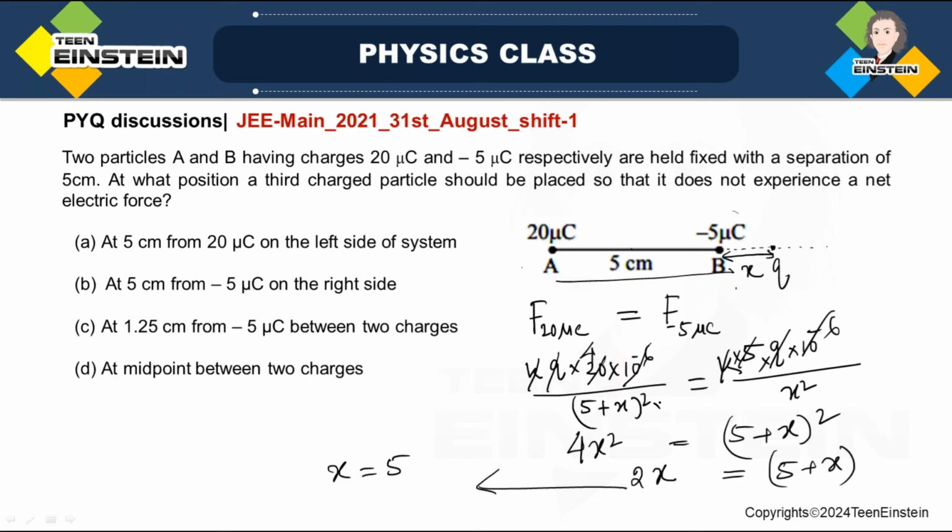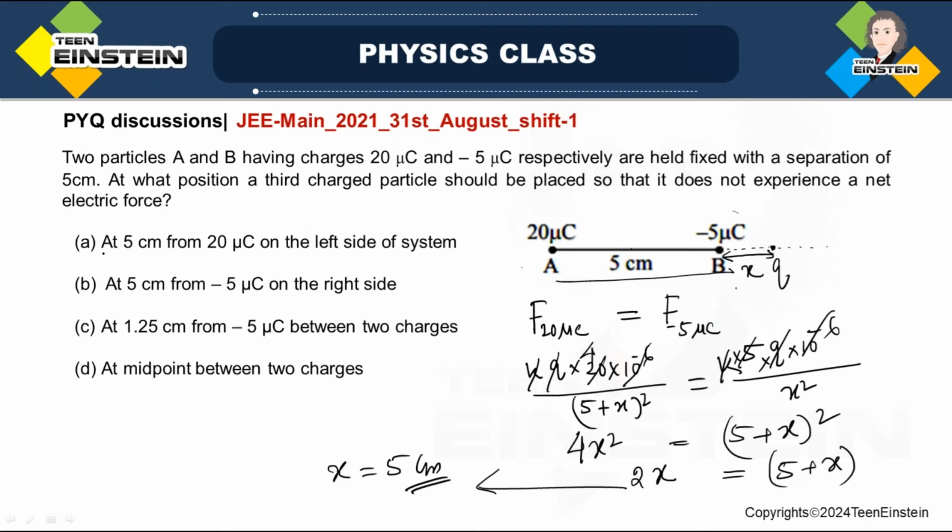Here actually I should have written 10 to the power minus 2, centimeter, let it be both sides. Anyway, the unit will go away. So I have got the answer. x will be 5 centimeter, and that is the right side of the charge minus 5 microcoulomb.